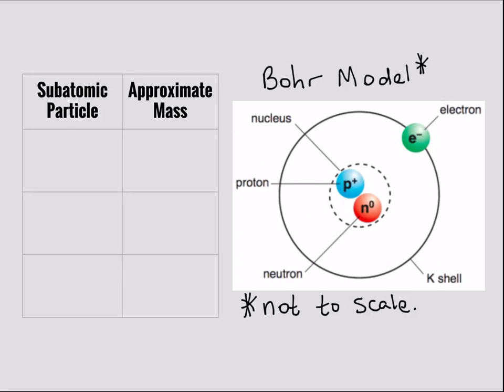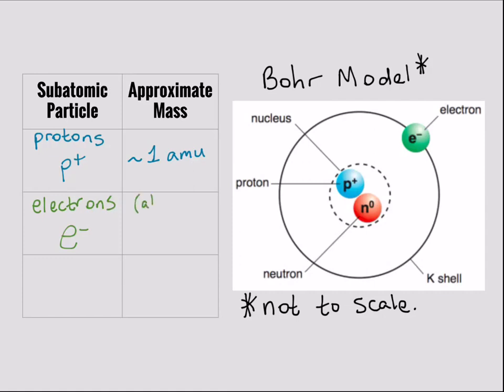Let's talk about those approximate masses now. Protons we can call P+, and protons have an approximate mass of about 1 atomic mass unit. Electrons we can call E negative, and like I said, they're about 1/2000th the size of a proton or neutron.